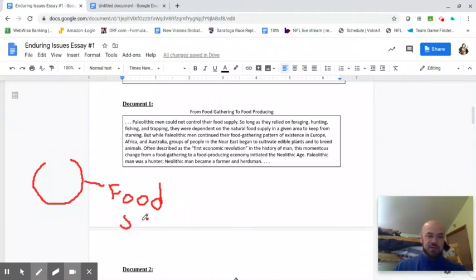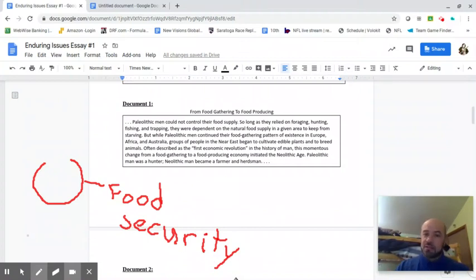Now, what does food security really mean, right? Food security is basically how much access to the limited resources it takes to feed everybody. How much access to food does a society have, right? And how does that food security help the society advance?